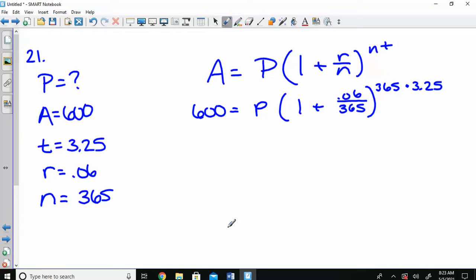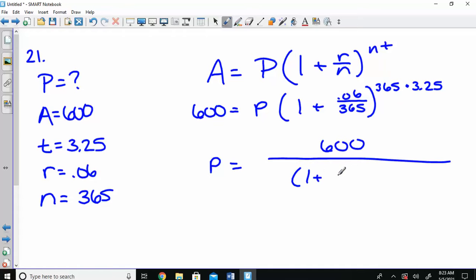What do you have to do to get P by itself? Divide. You can put this in your calculator now, or you can just do it all at once. Just 600 divided by that entire thing. So I plug all of that in.